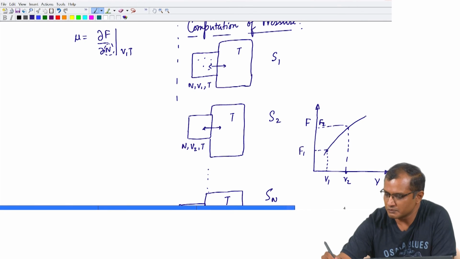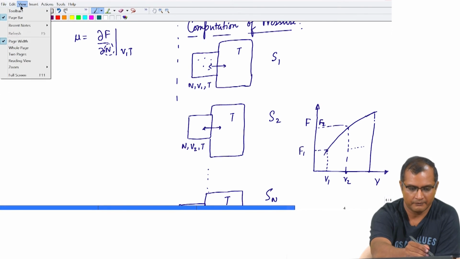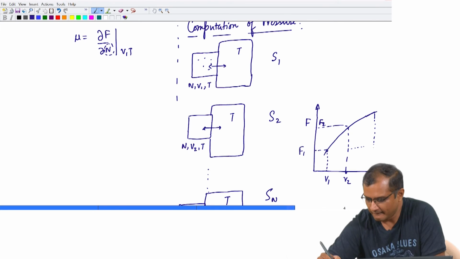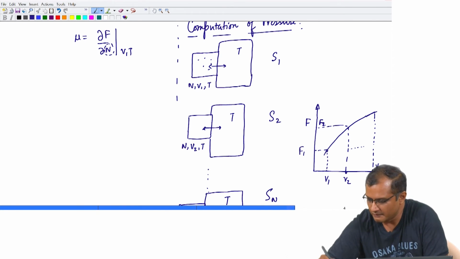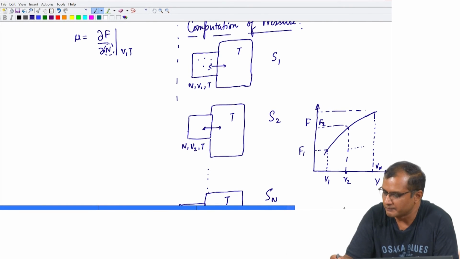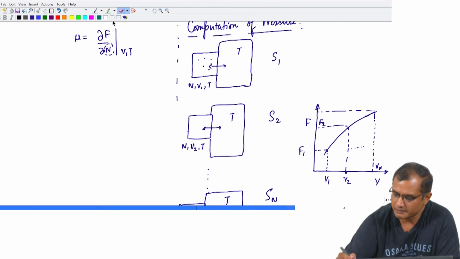Somewhere down the line you have the volume of the nth system, and correspondingly its free energy.